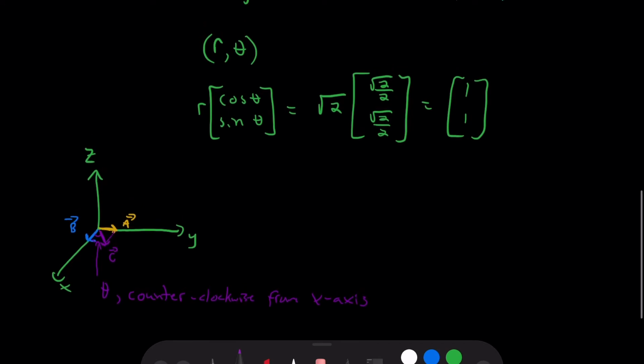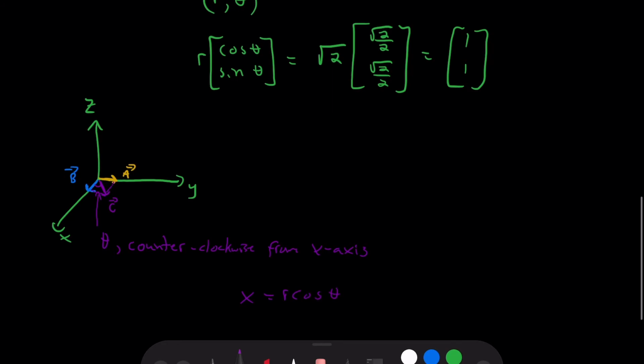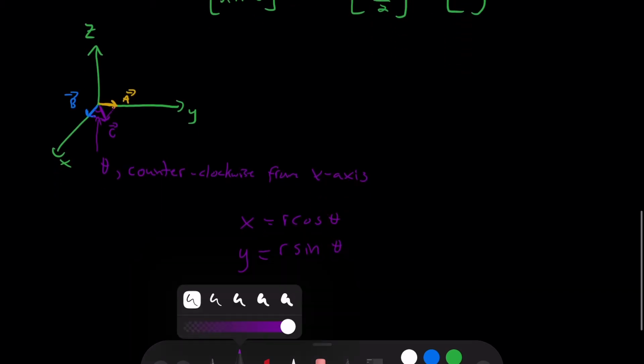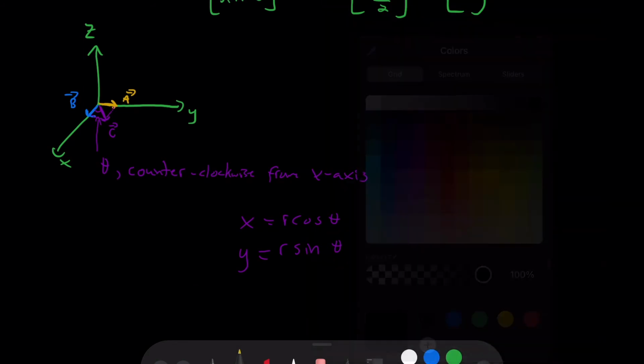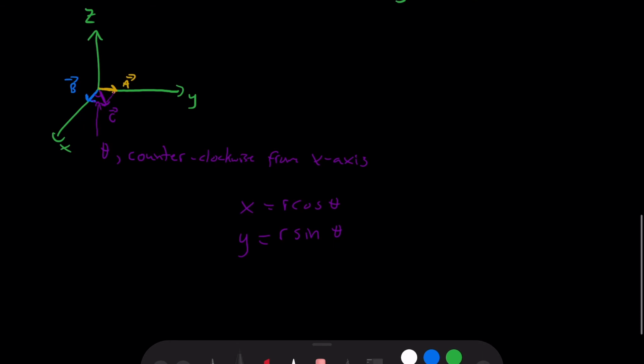The x component followed r cosine theta, and the y component was r sine theta in polar coordinates. I think this is where some problems were coming up earlier when this was being discussed. I'm viewing it through a different system.